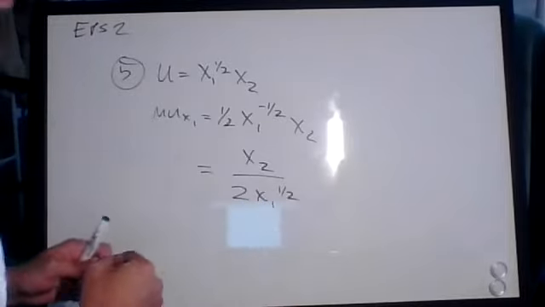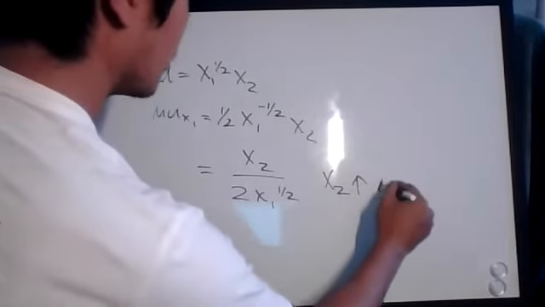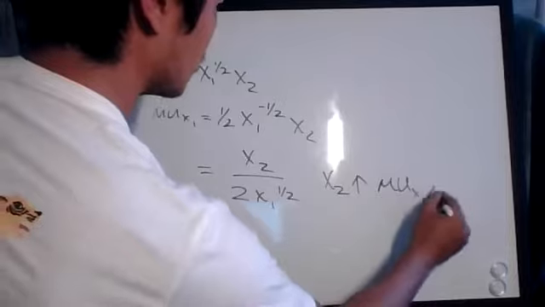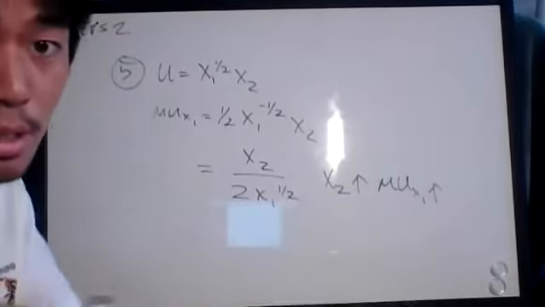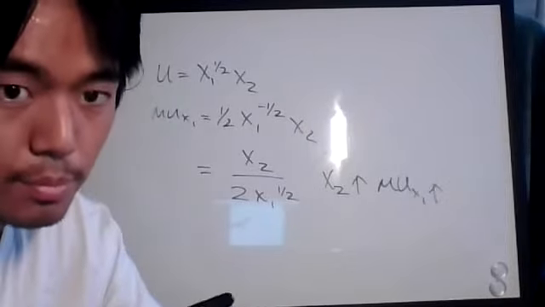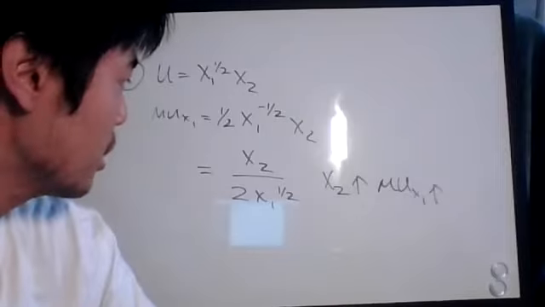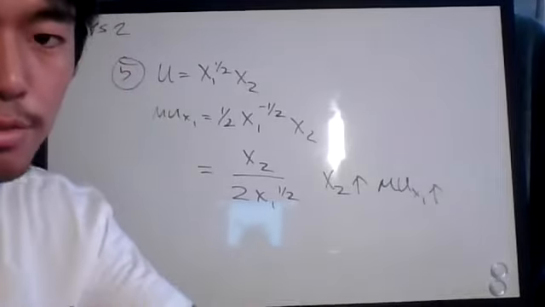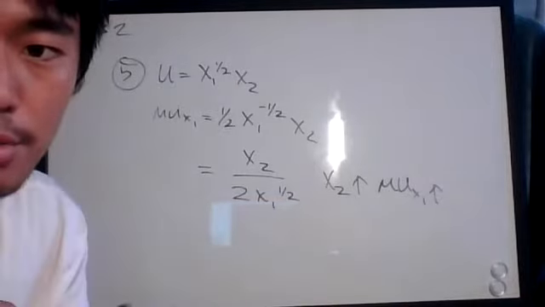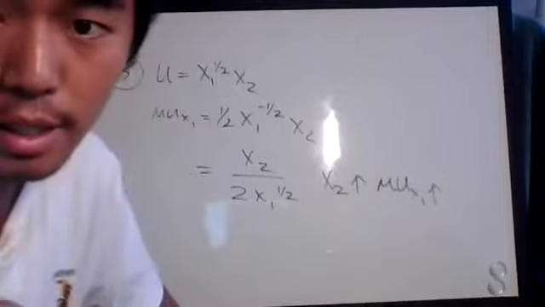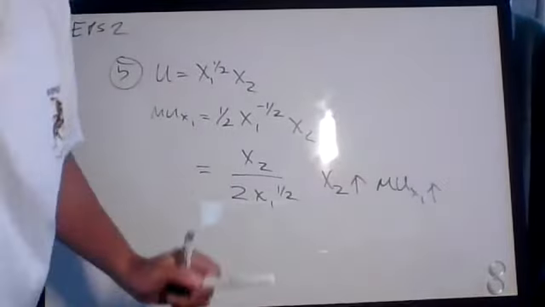And so you guys can see that as x2 increases, the marginal utility of x1 also increases, because we have x2 here in our numerator. So yeah, hopefully you guys can see that. That's just a quick question, and it really is only a test of being able to take partial derivatives. That's essentially what they're asking for in this question.